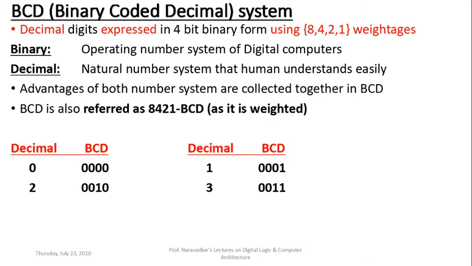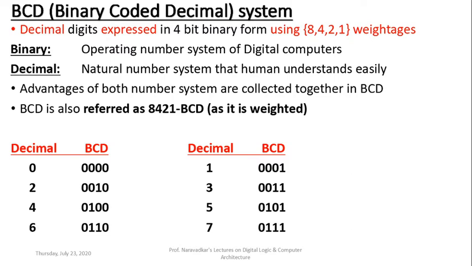So it is 0, 0, 1, 1. Next is decimal 4. In 8421, the second bit from the MSB, from the left side, is the only weightage to be added, so it becomes 0, 1, 0, 0. Next is 5. 5 means 4 plus 1. So accordingly two weightages will be added, so it becomes 0, 1, 0, 1.